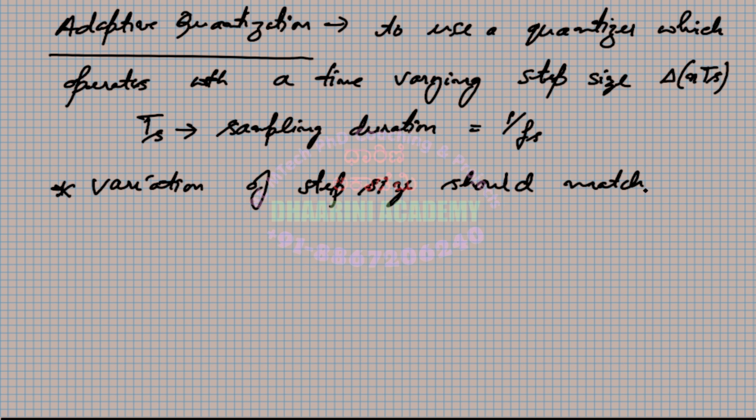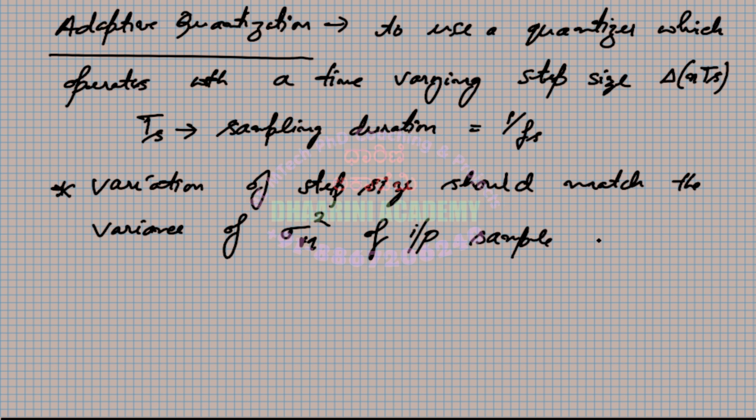It is called the variance; it should match the variance, because it is a random variable. It will definitely follow some PDF, everything we studied in mathematics. I don't want to go into that much detail. I just want to bring the word variance here, that is sigma m square, of the input sample.